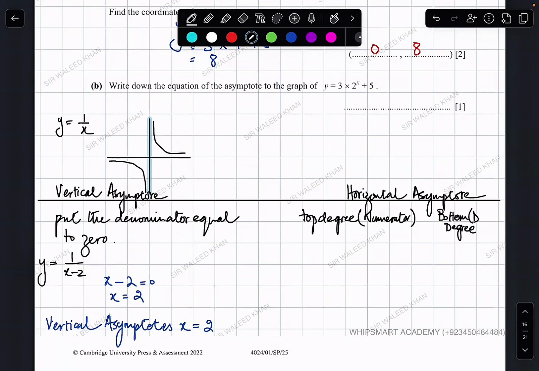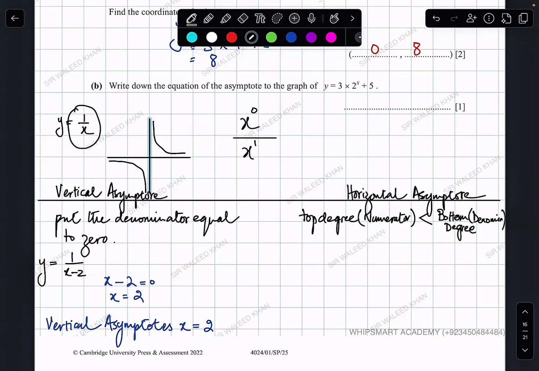Which is the denominator. If the numerator value of the variable is less than the denominator, so in this case, for example, 1 over x, we can see that the numerator has x power 0 and the denominator has x power 1.